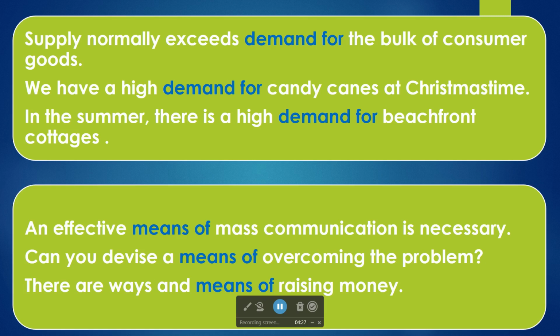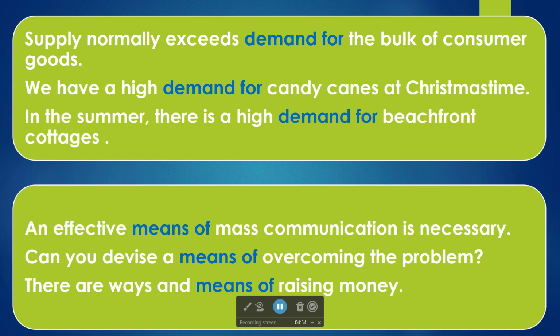Okay, let's take a look at the second expression, means of. So first sentence is, an effective means of mass communication is necessary. So means of is the ways, right? Effective ways, so good ways of mass communication. What is mass communication? It's basically like advertisement on TV or PR or campaigns.